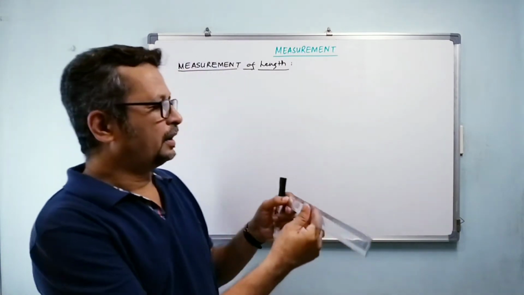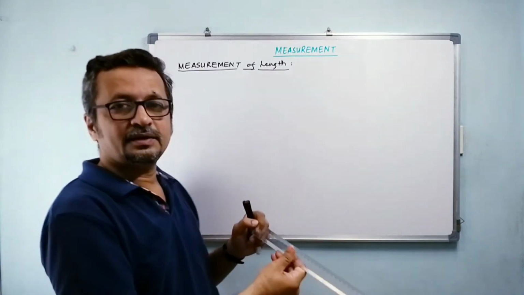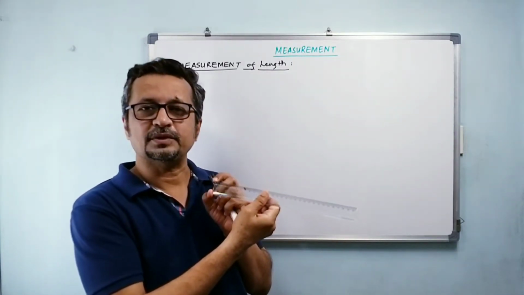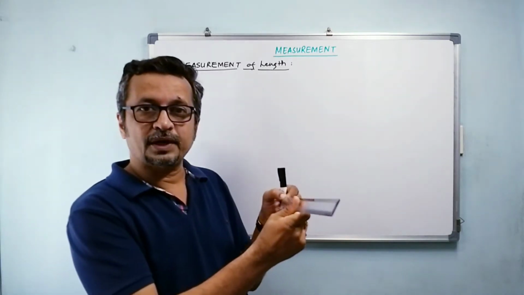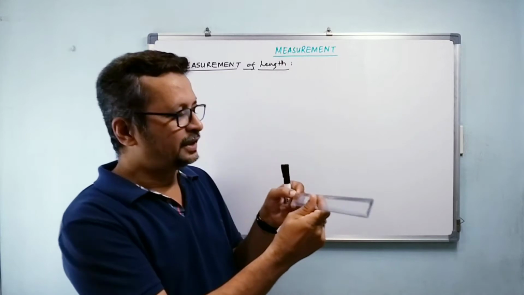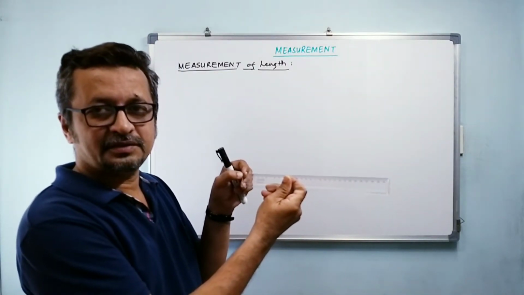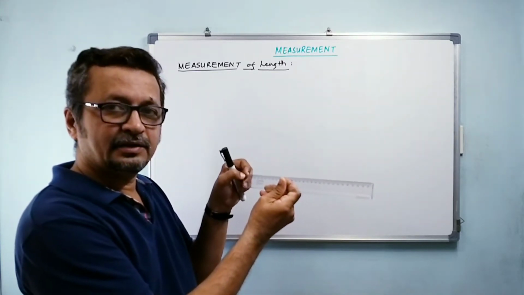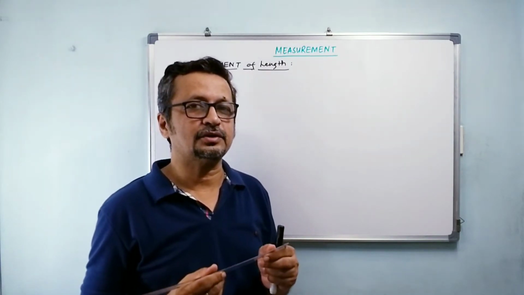You can see 0 is over here. But suppose the scale is broken, then what happens? I don't know whether it is broken such that the 0 of my first centimeter starts exactly at the end of the scale, and I'm not sure whether it is perfect or not, correct?